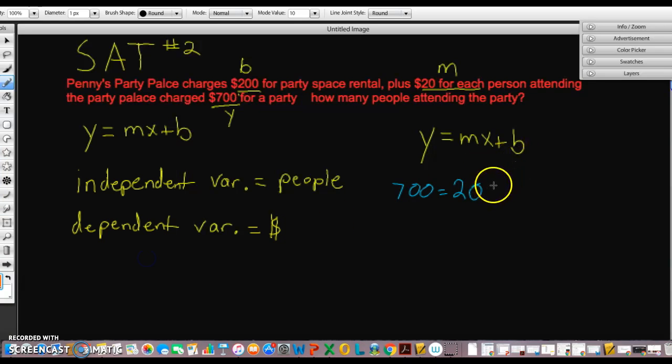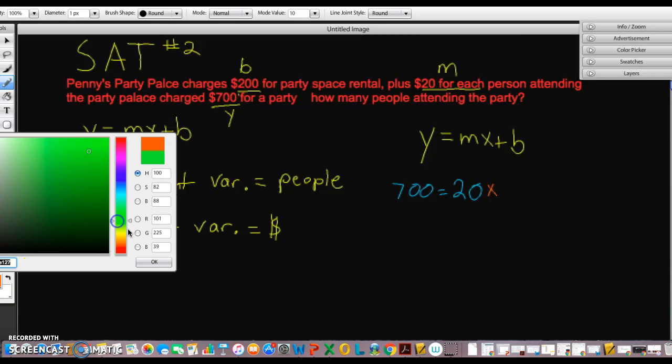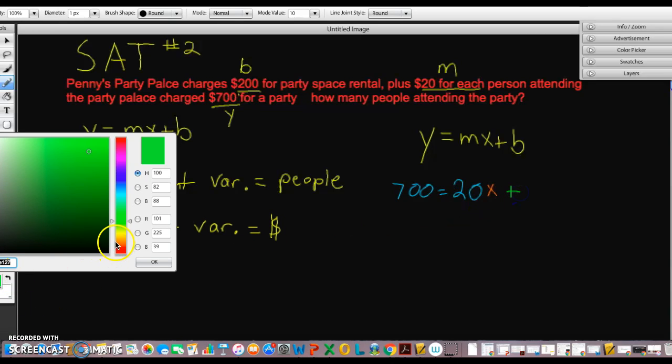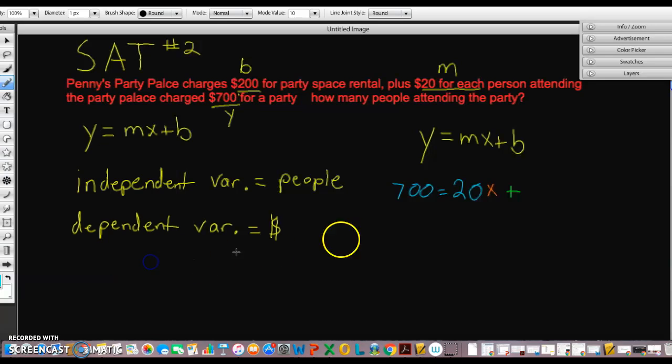All right, x, plus b, and b is 200. And with this relationship here, we're trying to figure out this x. We're trying to figure out the number of people that attended this party.